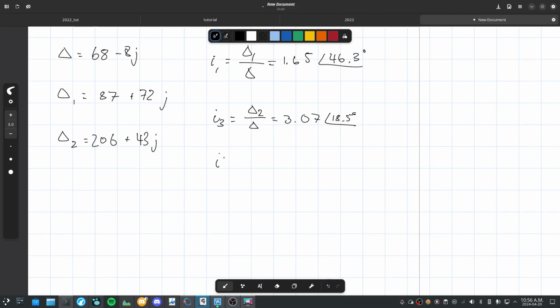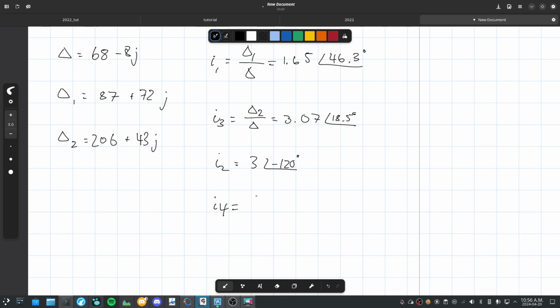So we already know I2. Let's put negative 3 with a phasor of 60 into polar form. That's 3 with a phasor of negative 120 degrees.